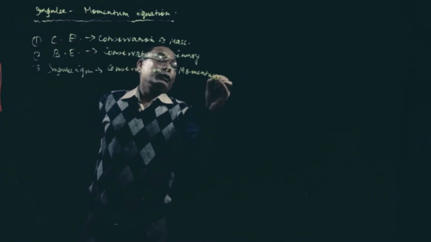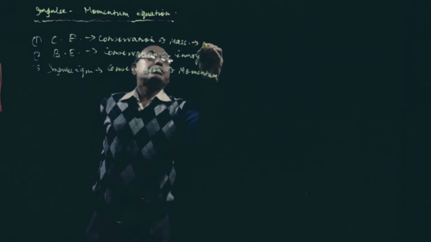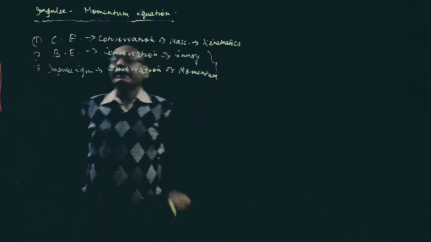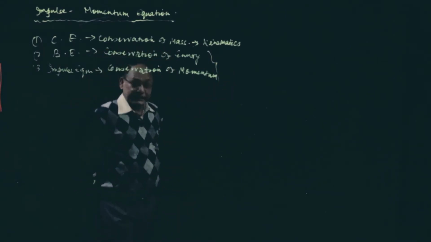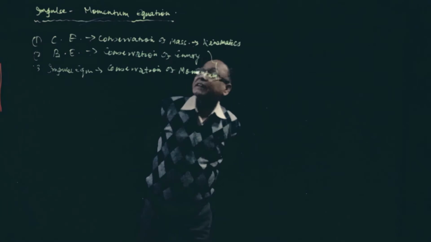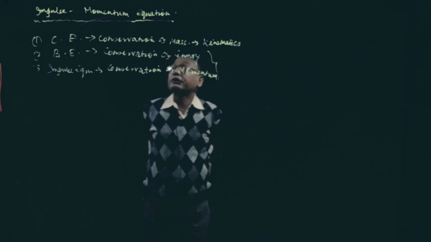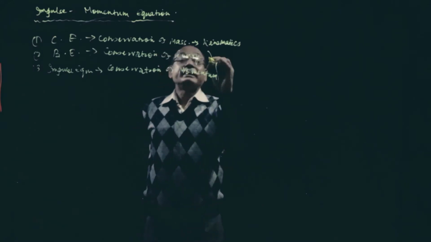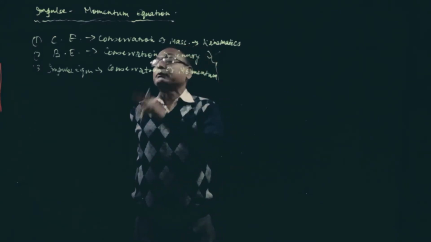So this we have studied in fluid kinematics, where we already derived it. And the Bernoulli equation based on conservation of energy, we have already discussed. The impulse equation based on conservation of momentum I am going to discuss now.